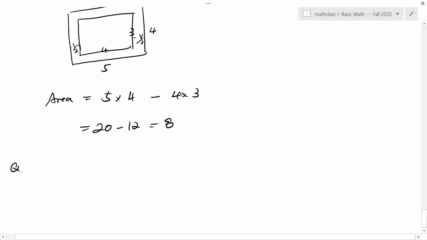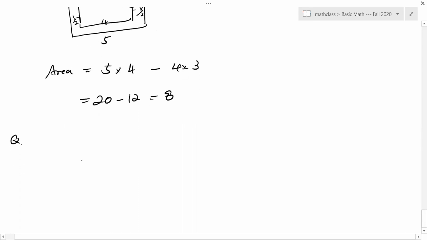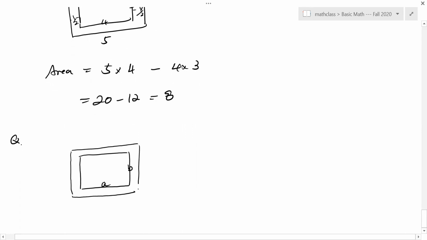All right, now a slightly more difficult problem. There is still a rectangle, okay? This side is A, that side is B. And then I have 1/2, 1/2, 1/2, 1/2.